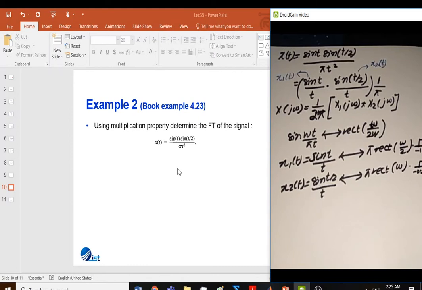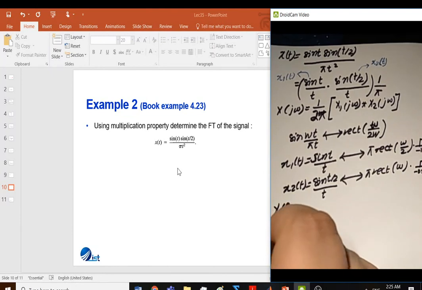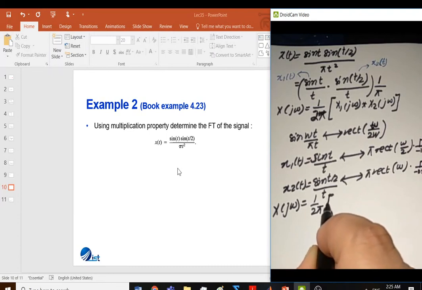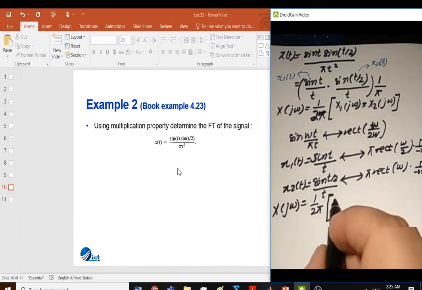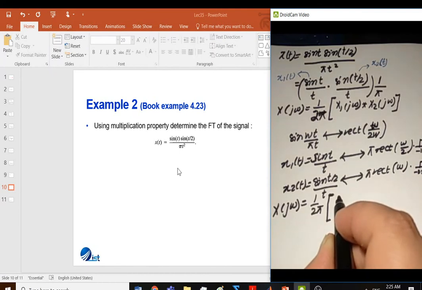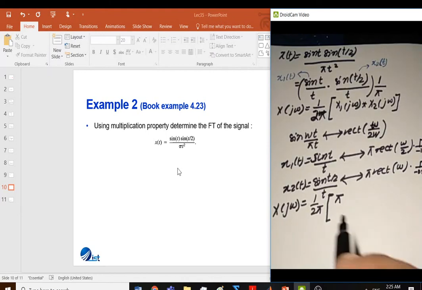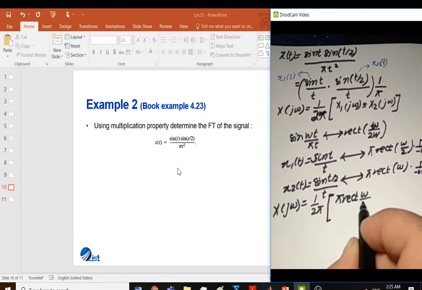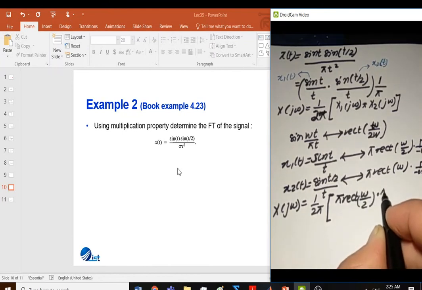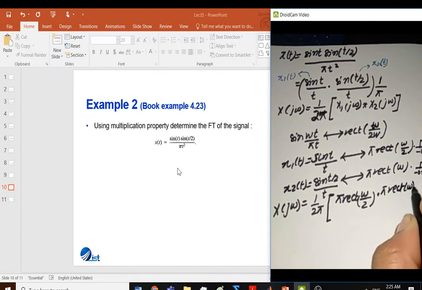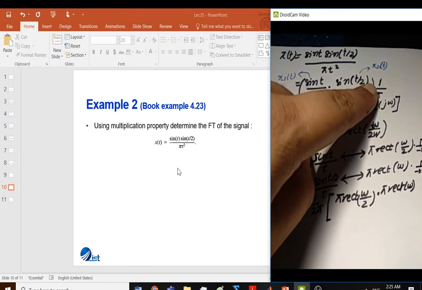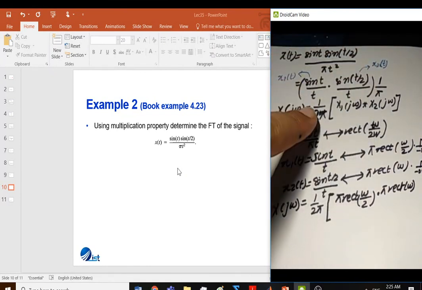So X of j omega is equal to 1 by 2 pi rect omega by 2 into pi rect omega, and this 1 by pi got missed on the next line, so I'll write it here.